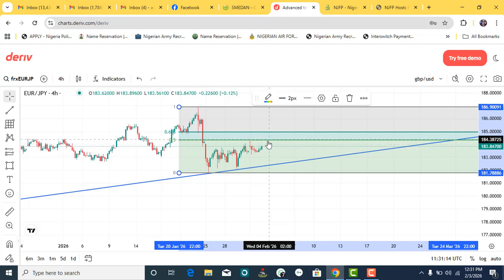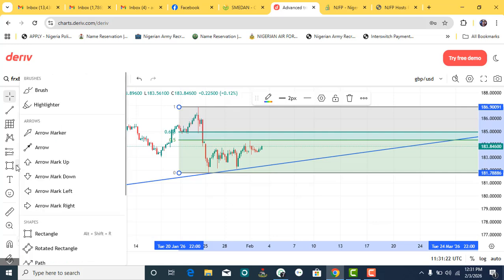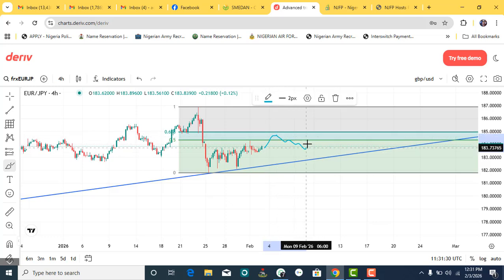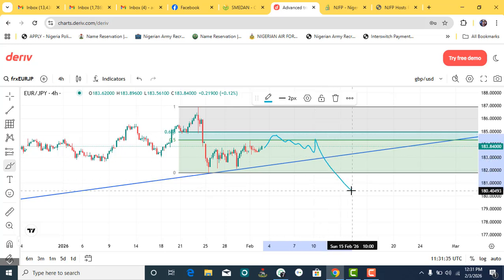We need to wait and see if this market could break this particular level, come into this level and begin to go down. If this market eventually comes into this level somewhere around here and begins to give us a downward structure like this, then we're going to sell it down to this level.